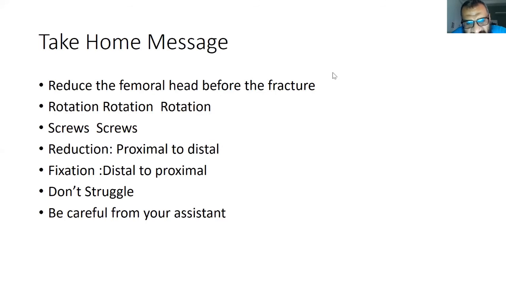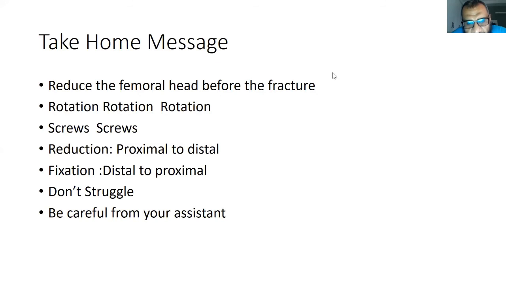And you have a very good paper from Switzerland, actually a technical paper without a large number of cases, comparing the outcome of the Stoppa approach versus surgical hip dislocation in treating T-shaped fracture.